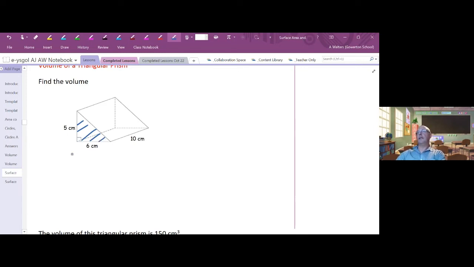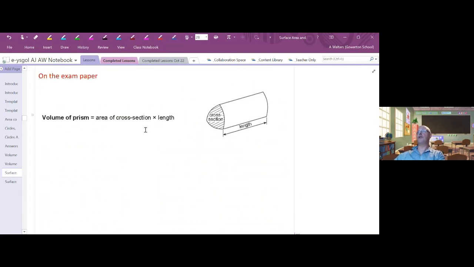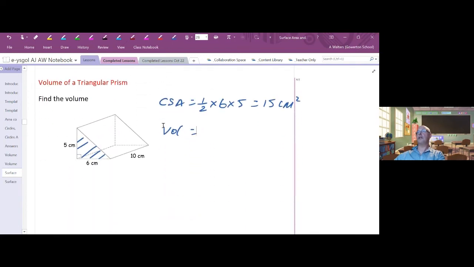So if you've tried it, the cross-sectional area in this case is a triangle. So I'm just going to say a half times the base, which is 6, times the height, which is 5, and 3 times 5 is 15. Okay, so that's the area. Now the volume, as quoted at the front page of your exam paper, is the cross-sectional area times the length.